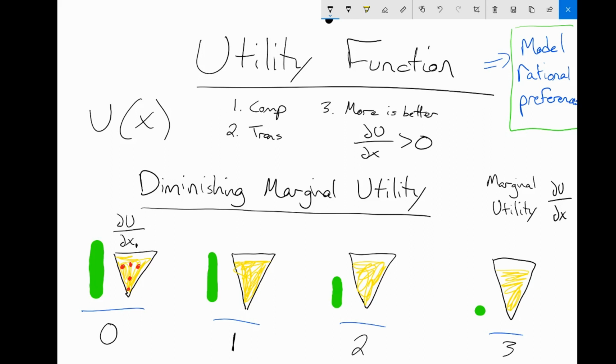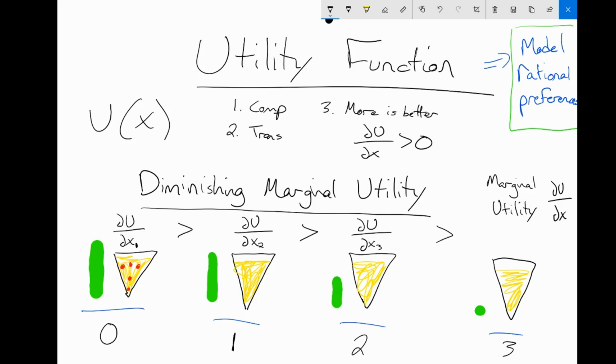So let's just call this x1, the first piece. The marginal utility that I get from this first piece is going to be larger than the marginal utility, that is, the additional utility I get from the second piece of pizza. And that's going to be even bigger than the marginal utility I get from the third piece of pizza.